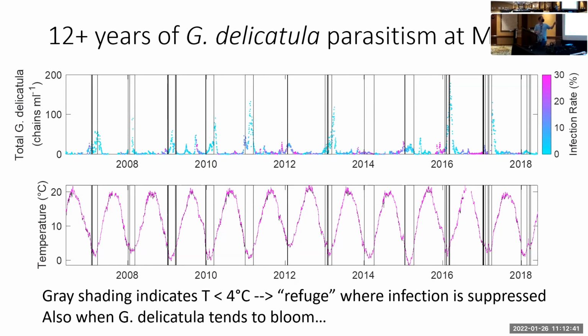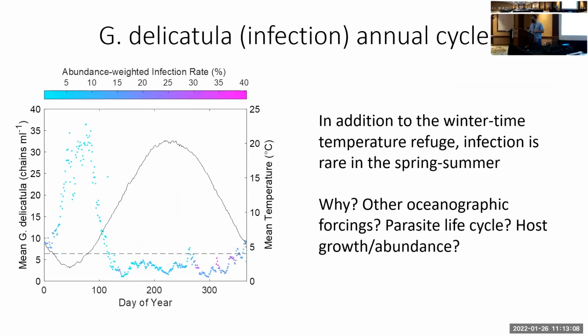So we see within those shaded regions, all our points are blue, indicating low infection rates. We also see our host diatom tends to bloom during these periods or immediately following these periods, which suggests that this release from parasitism may be an important factor governing when this diatom blooms. So that was pretty exciting.